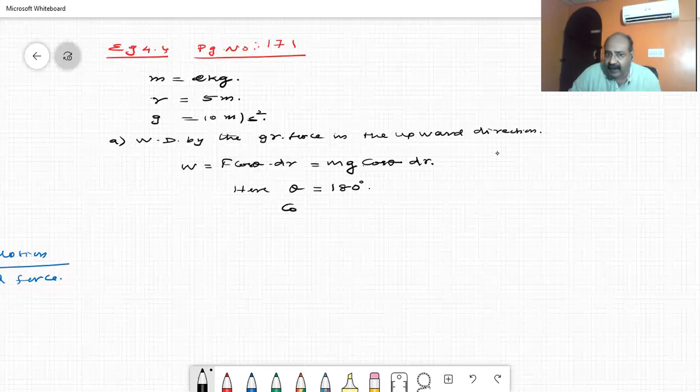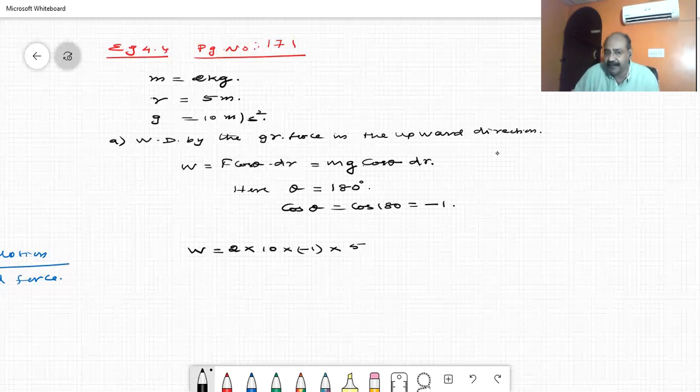If so, I can get the answer for cos 180. Cos 180 is -1. Take this and substitute it here. So the work done W equal to, what is m? m is 2. What is g? It is 10. Here cos 180 is -1 multiplied with the amount of displacement produced.